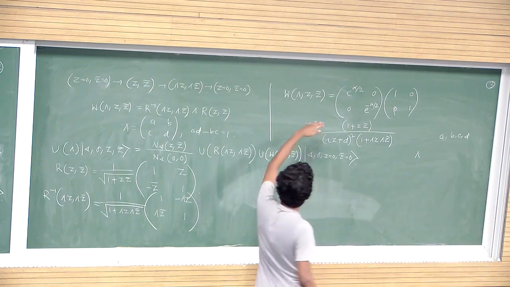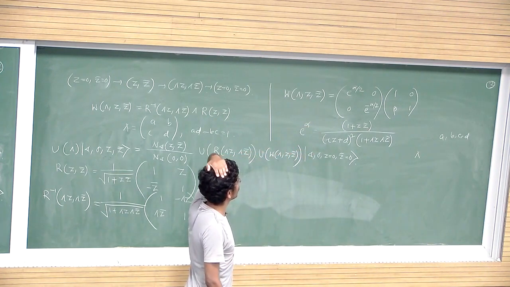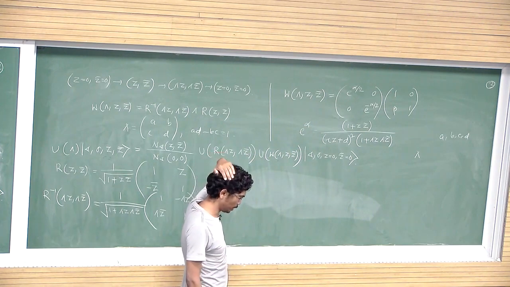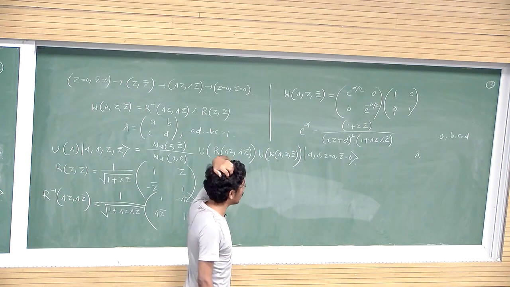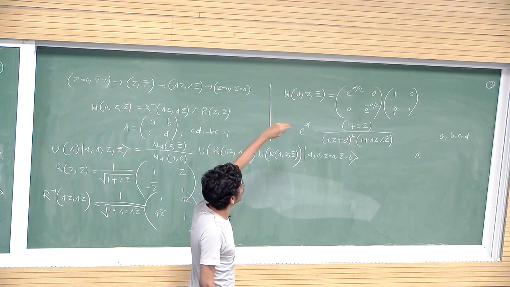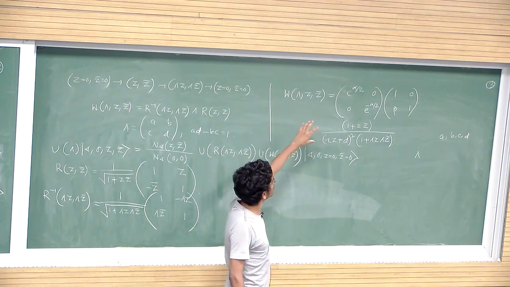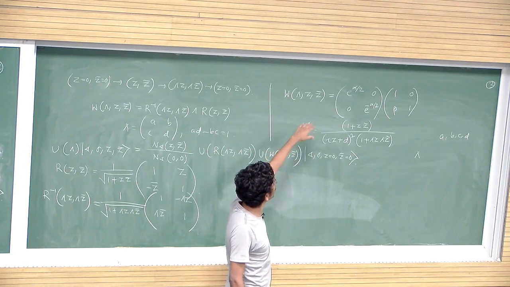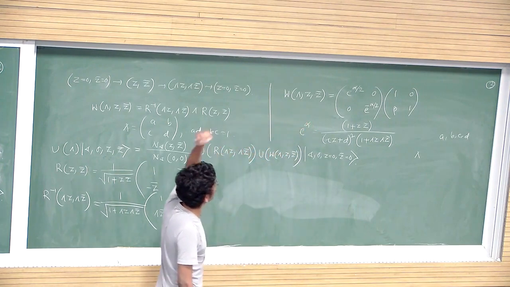So this is written in terms of the SL2C matrices. Now I just want to remind you what kind of transformations actually give you this diagonal form for these SL2C matrices.